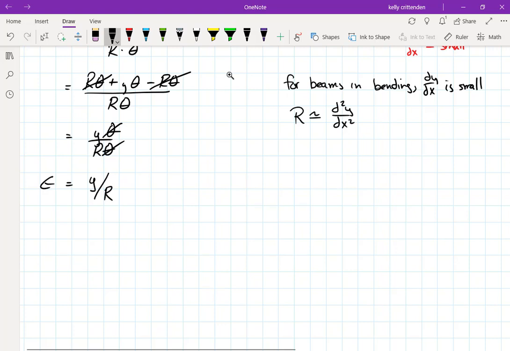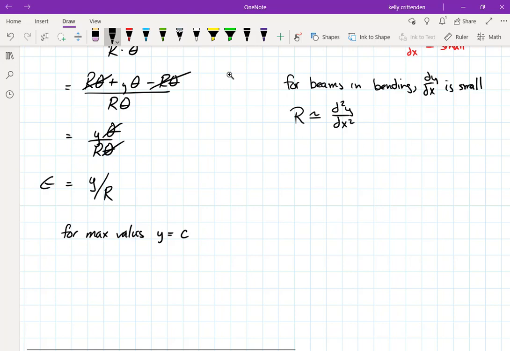And we haven't talked about it a whole lot, but in general, in these flexural stress equations, whenever we want to do the maximum stress, maximum strain, or whatever, for max values, y equals c. And so c is just defined to be the largest distance from the neutral axis in flexural stress.